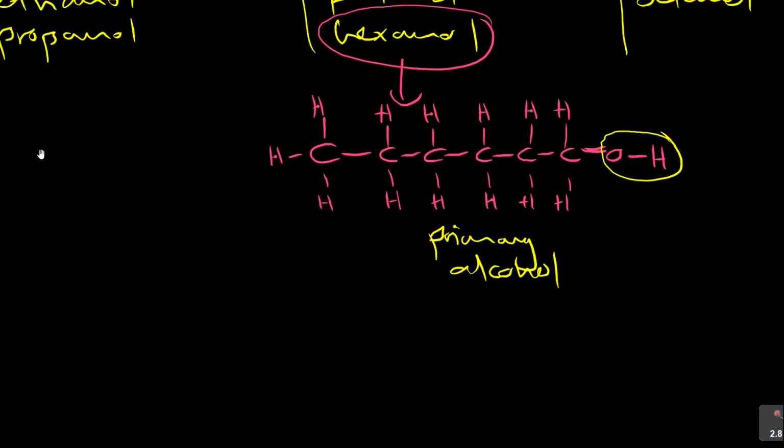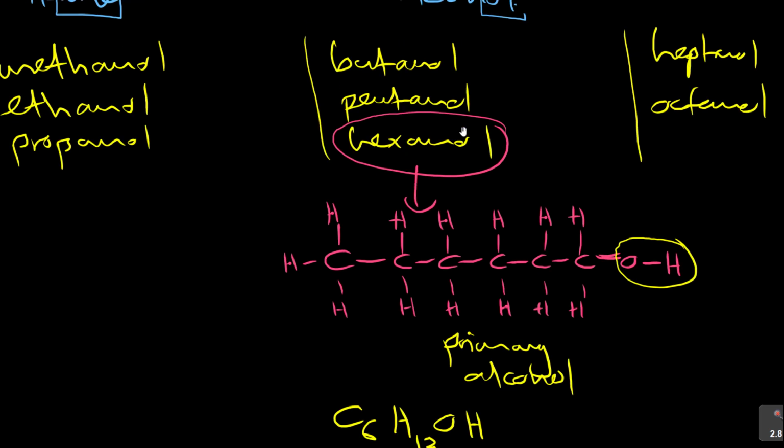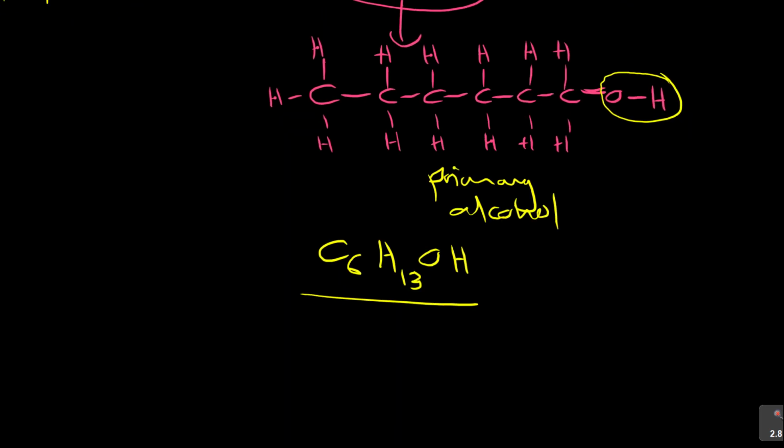For this hexanol, it will be C6, then H: 1, 2, 3, 4, 5, 6, 7, 8, 9, 10, 11, 12, 13, which is H13, and then you've got OH. Are you with me? So that's how you write a molecular formula for that. And then you can actually write it as C6H14O.